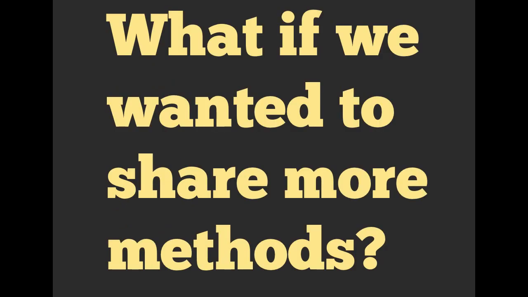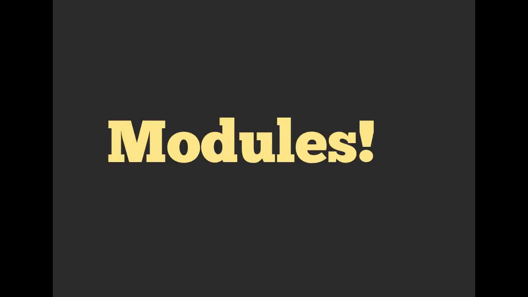So maybe we want to share methods across multiple classes. It kind of makes sense that certain different types of young animals would have common methods or common values that we can call on them. Well, we can use modules.